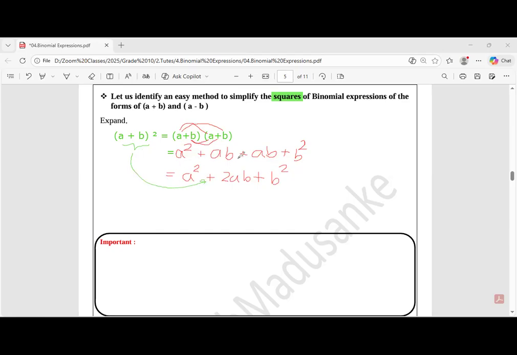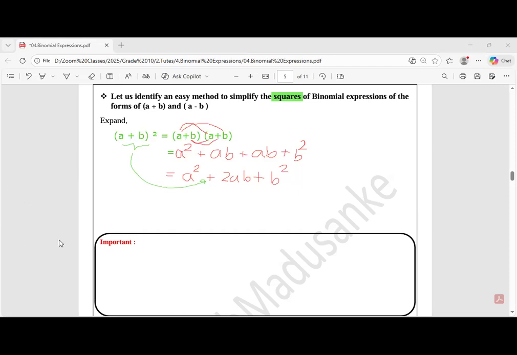This full expression and this expression. Now you have already obtained this one. Hope you have obtained this one.